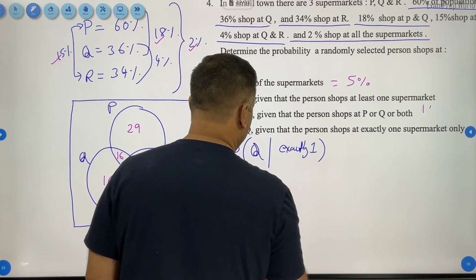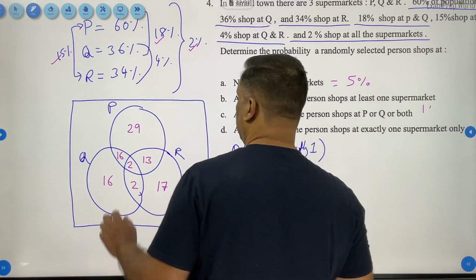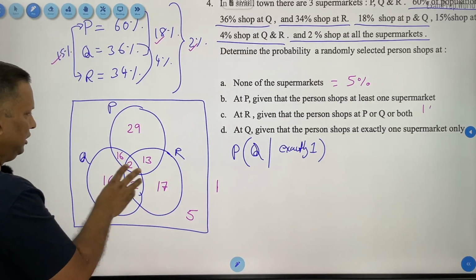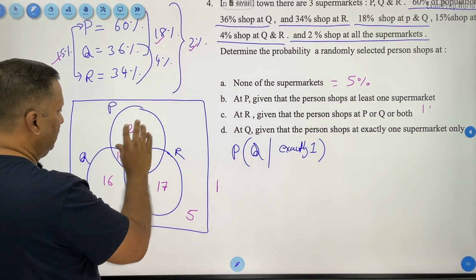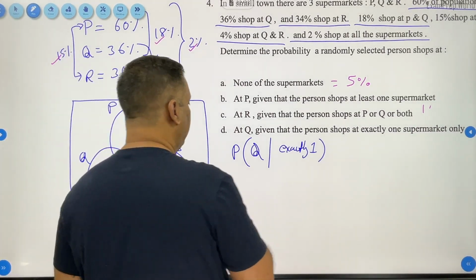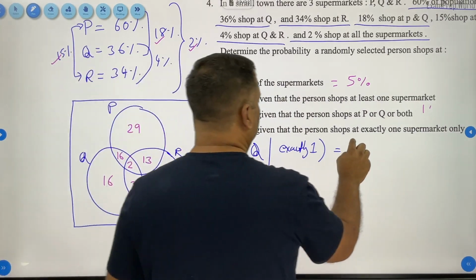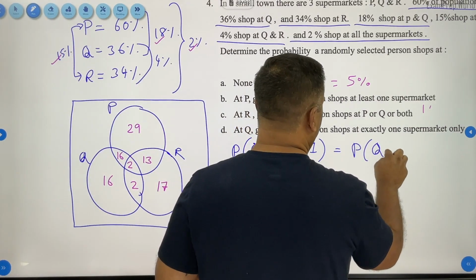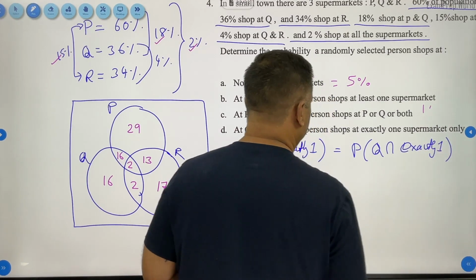Exactly 1, so that means 16, 17 and 29, right? 16, 17 and 29. So we can write probability of Q is common with this. Probability of Q intersection exactly 1.